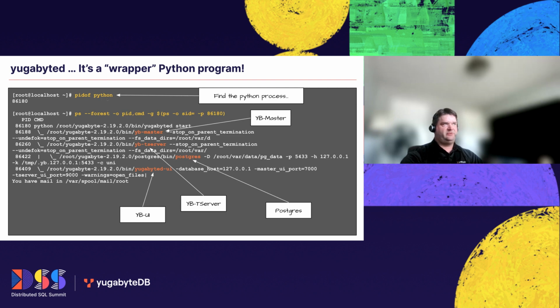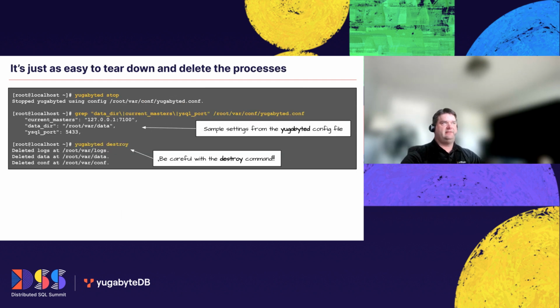So basically, this one yugabyted is now a wrapper for all of these separate processes for you, which makes it much easier to install if you have 3 or more nodes, because it can get quite cumbersome if you're trying to manually run the YB master and YBT server yourself.